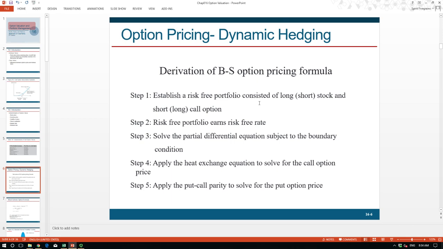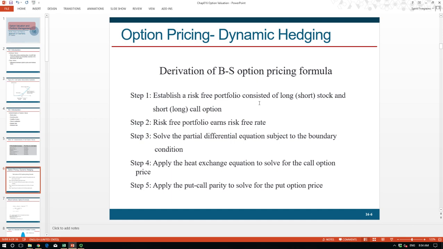Otherwise, there will be arbitrage. And the competition among arbitrageurs will eventually push those two prices to the same level. So that is a non-arbitrage argument, right? The same assets should have exactly the same prices no matter where they are traded. And the Black-Scholes option pricing formula is simply based on this non-arbitrage argument.